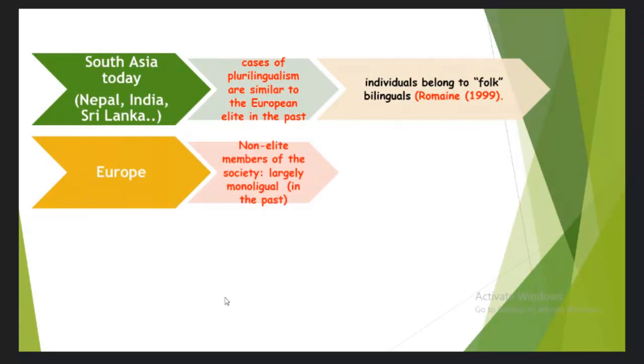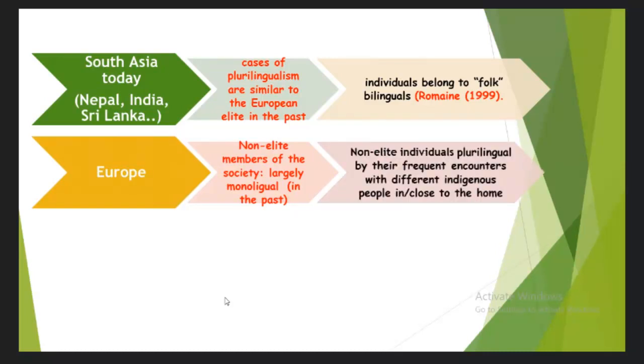In Europe, most of the non-elite members were monolinguals in the past, but in South Asia most of the non-elite individuals are plurilingual because they have frequent contact with different indigenous people. Indigenous means the people in the native land, the people close to the home. For example, the people who work in the home, such as a housekeeper, or those you can meet in the marketplace close to your home.